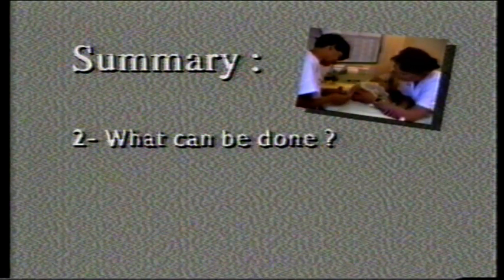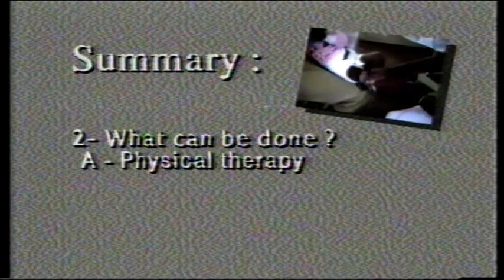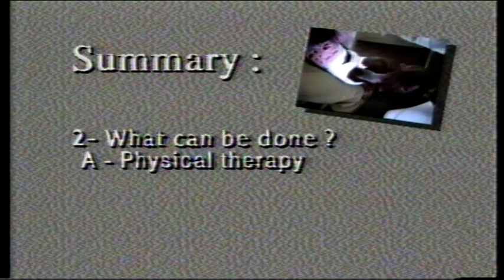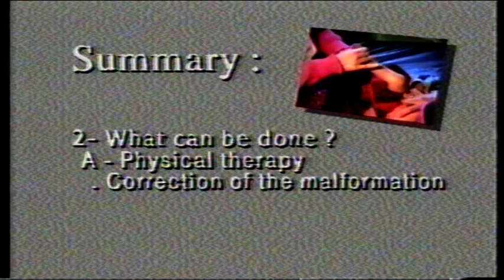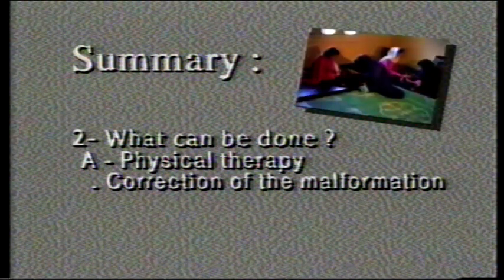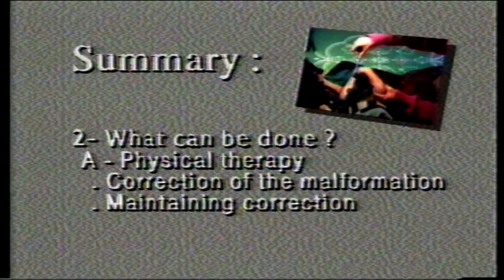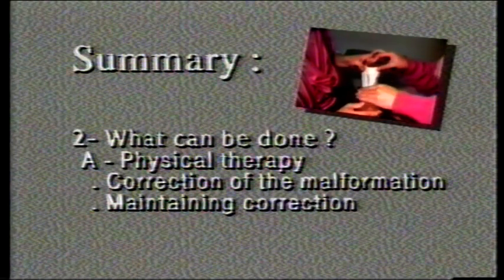What can be done? A clubfoot must be treated as early as possible after birth, using physical therapy based on 3 principles. First, correction of the malformation by massages and passive mobilization. Second, maintaining correction by stimulation and immobilization.